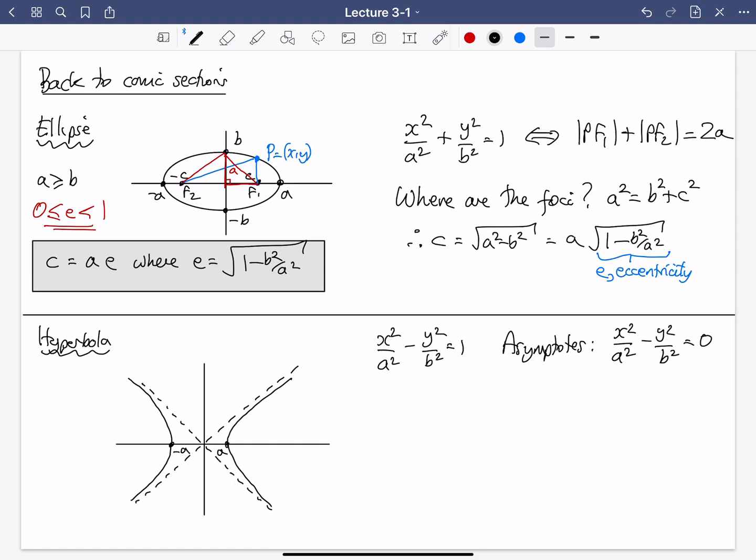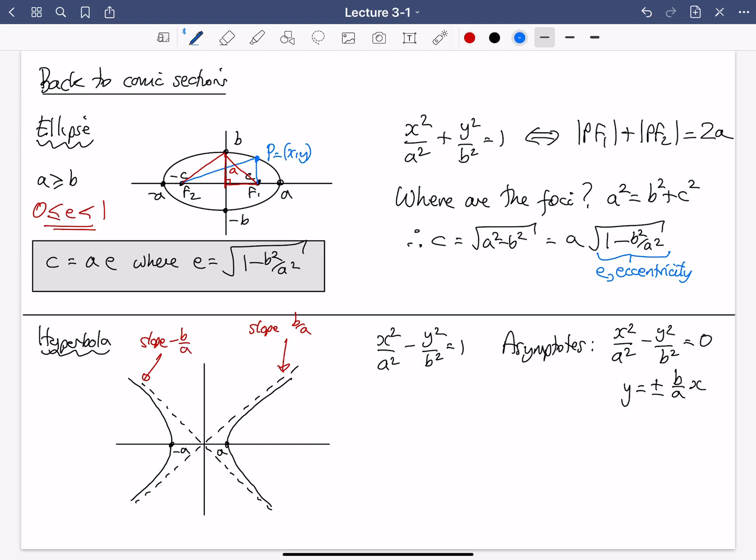If I make y the subject, y squared is b squared x squared over a squared, so when I square root, y is plus or minus b over a times x. And that tells you that the slope of that diagonal asymptote is b over a, and I guess that one is of slope minus b over a.